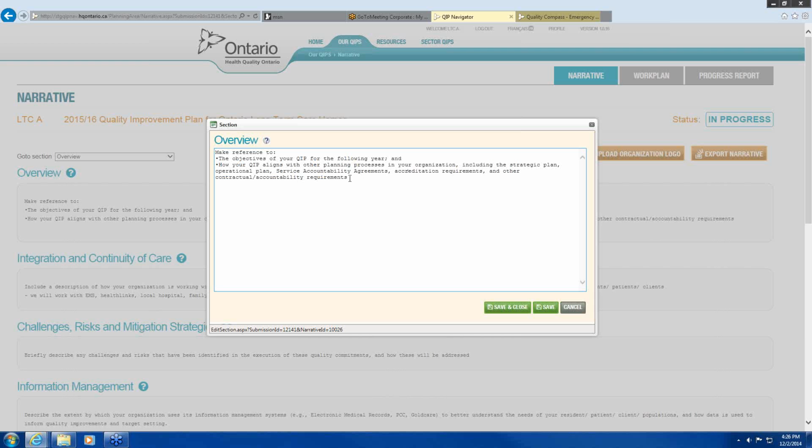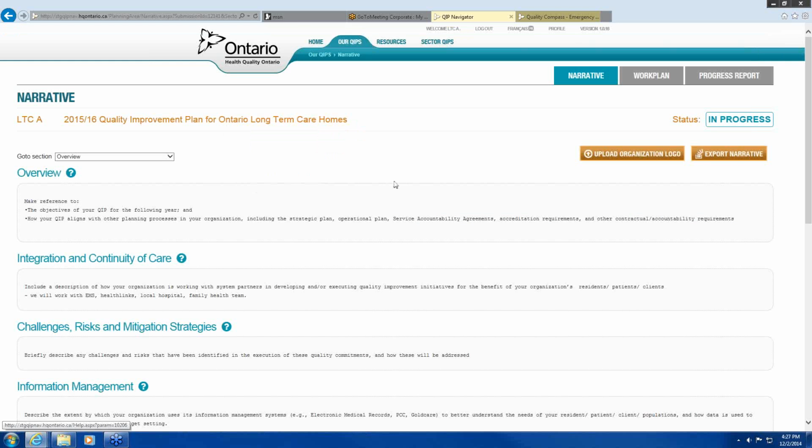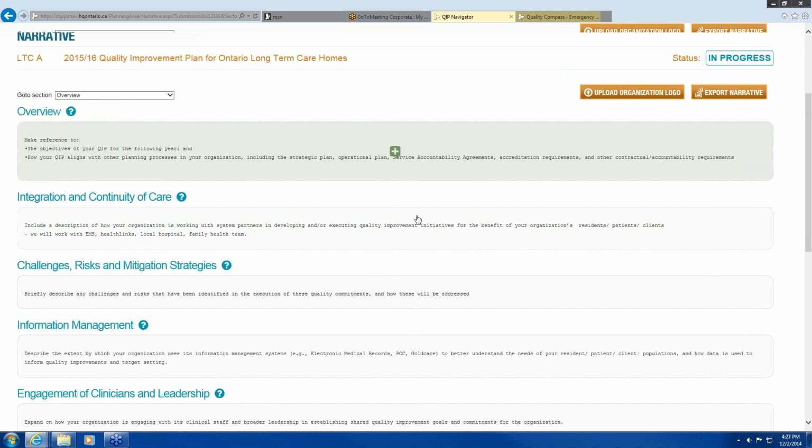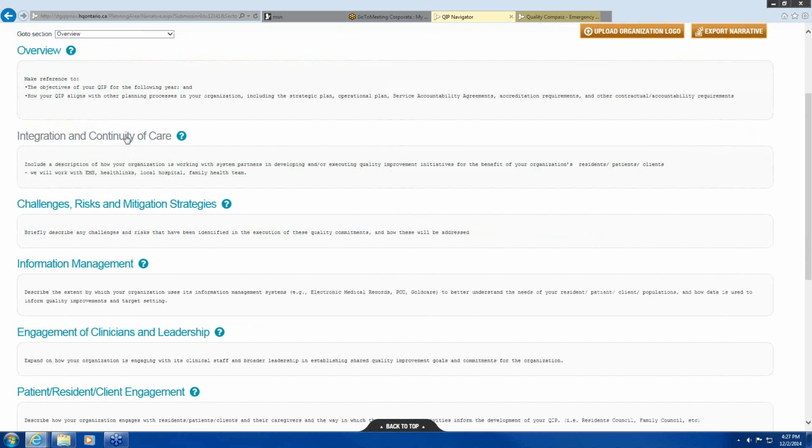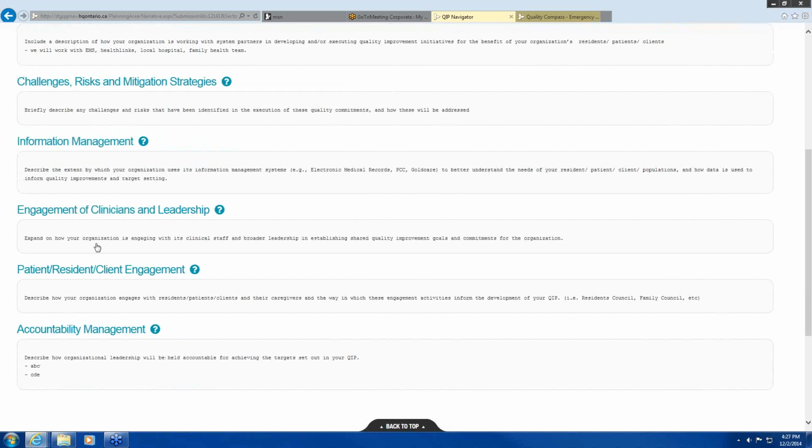This is really about what is the context that quality improvement is taking place in. So we want to be able to understand what are the factors that really influence quality improvement in your setting. So we know your partnerships and integration, different challenges that different geographies or populations may be making for you. Your information system, is it integrated with any of the other systems?